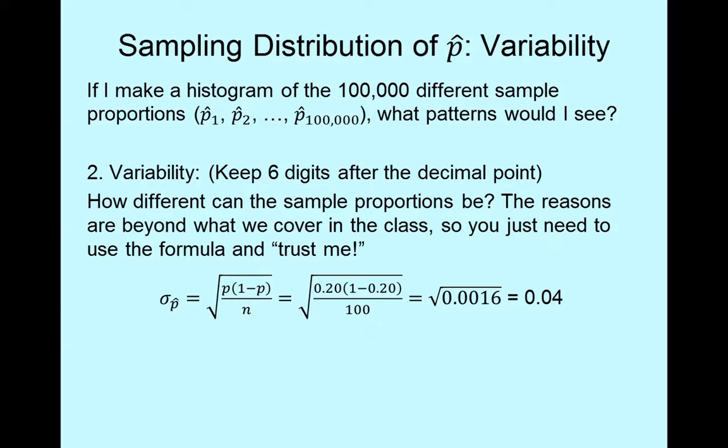When you multiply 0.2 times 0.8 and then divide by 100, you get 0.0016, and when you take the square root of that, you get 0.04. Now, in general, these values will not work out as nicely and stop at just 2 or 3 digits after the decimal point. If they do not stop, you need to keep at least 6 digits after the decimal point so that we all get the same z-scores and calculated values later on.